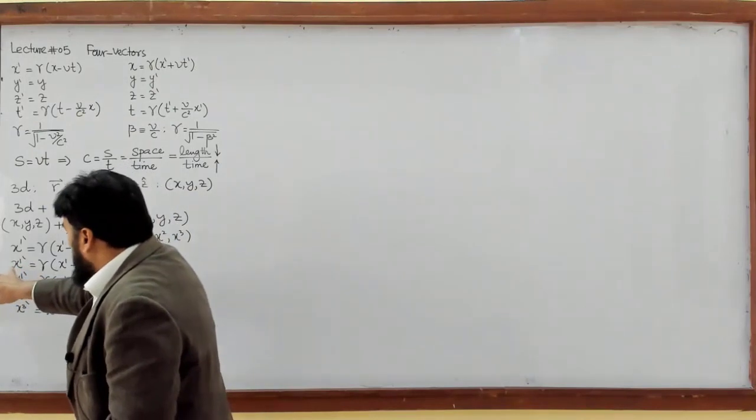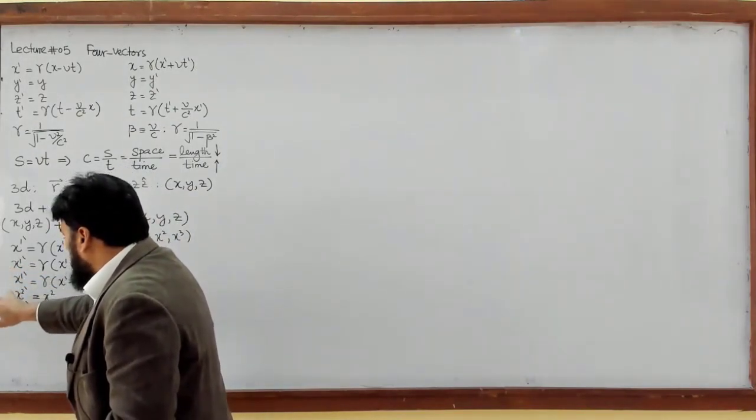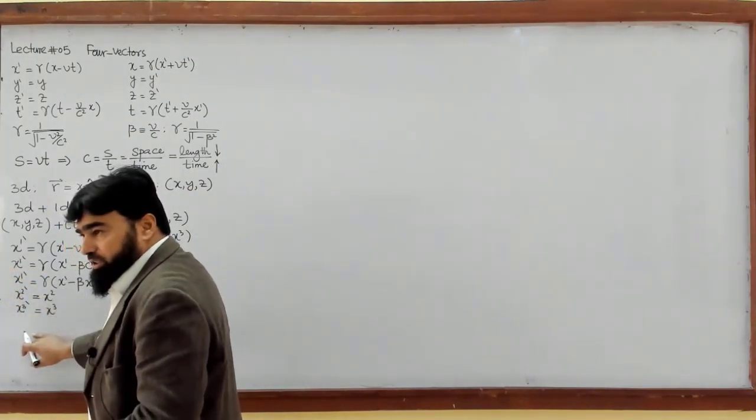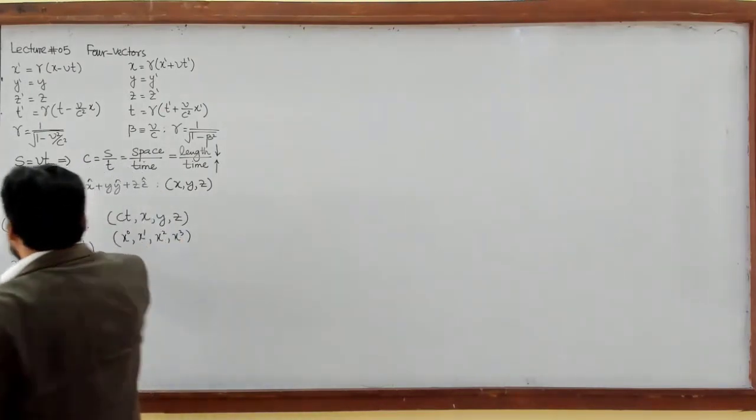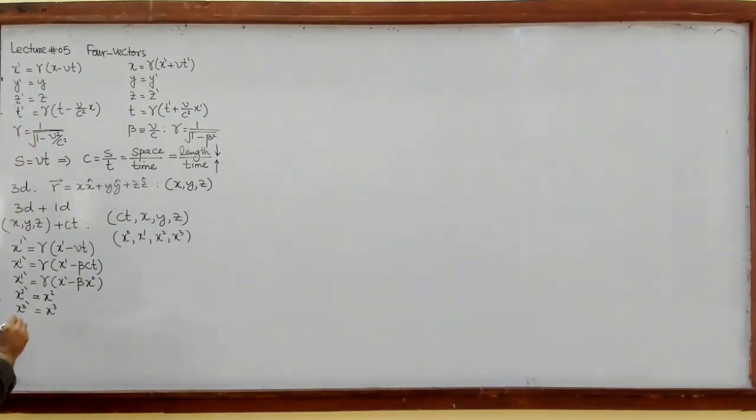So I have written the x, y and z, the spatial coordinates, and now the time coordinate will be, take this equation, t prime is equal to gamma times t minus v over c square x. Now convert this one. Let's multiply both sides by c.